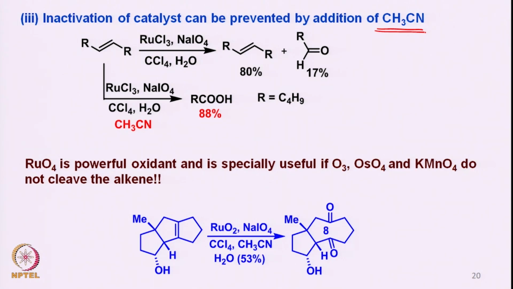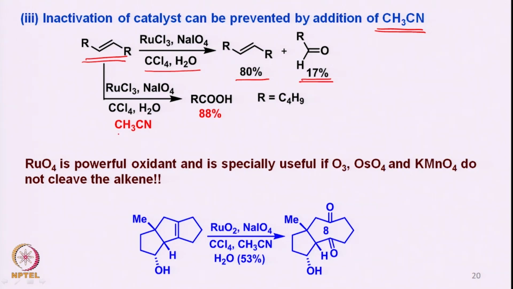And for example, we can see here the CC bond cleavage of this double bond with ruthenium trichloride sodium metaperiodate in the presence of CCl4 and water gives 17% of the corresponding aldehyde and 80% of the starting material is recovered.